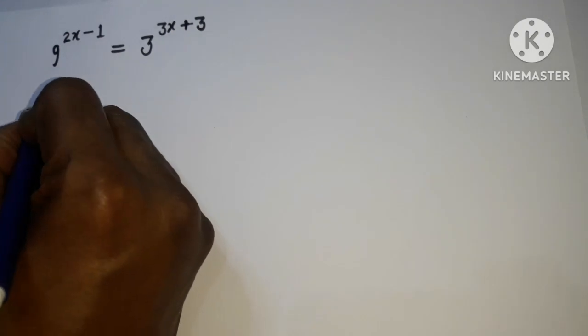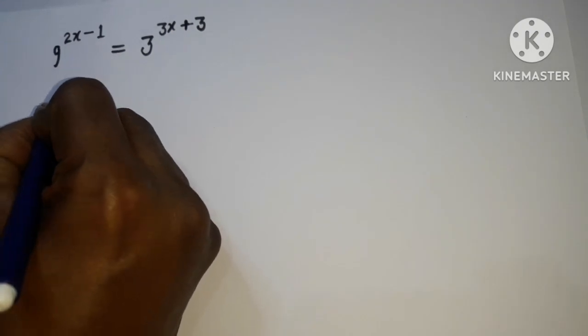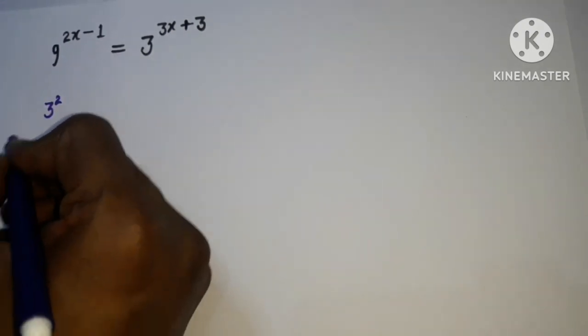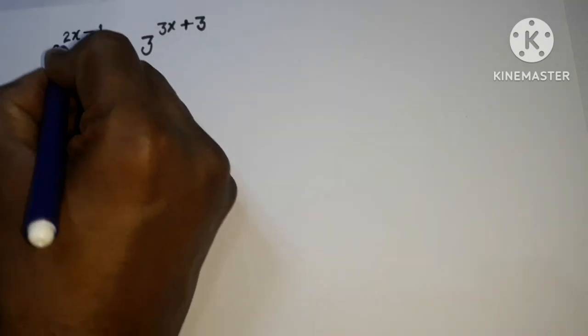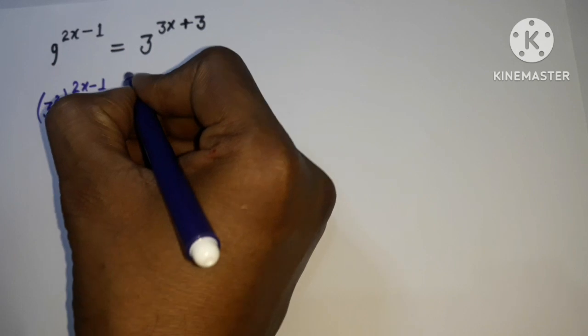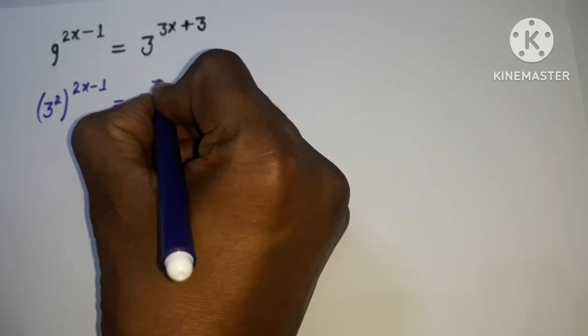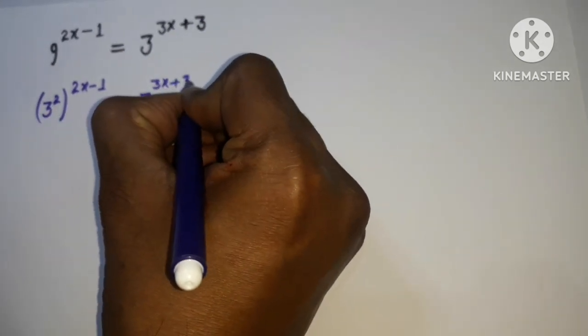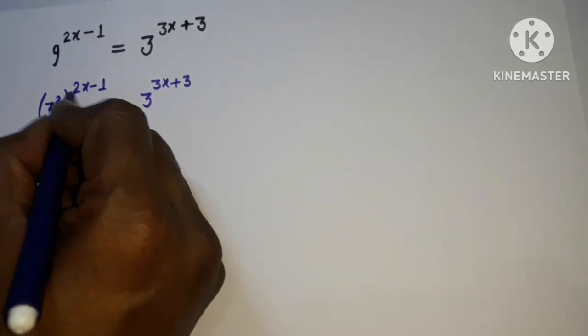So 9 can be written as 3 squared, and then there is a power already, that is 2x minus 1. I can put that here, and here 3 to the power 3x plus 3. Now we can just multiply this.